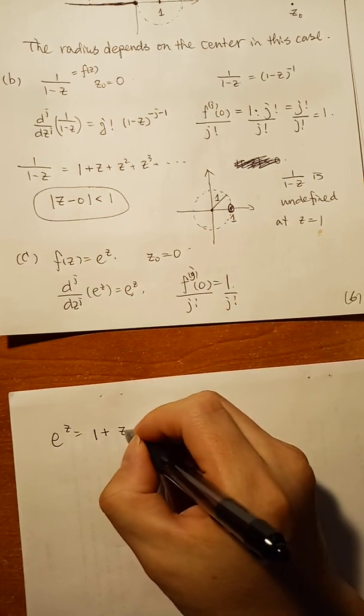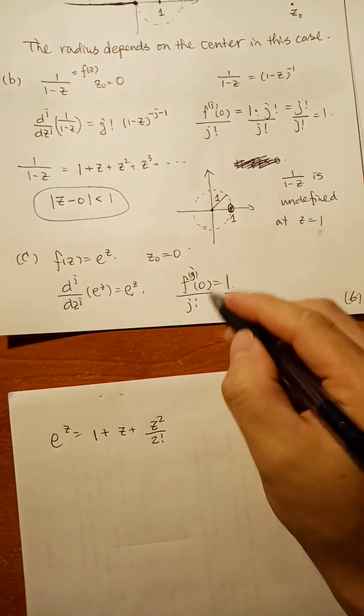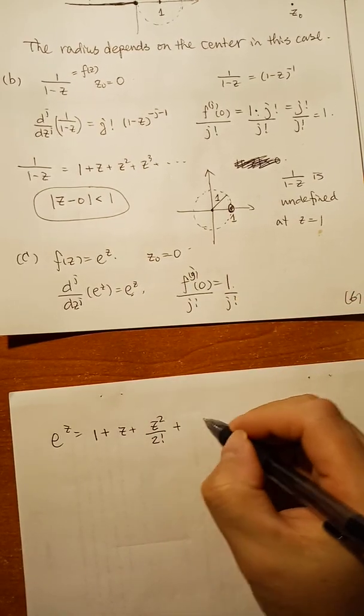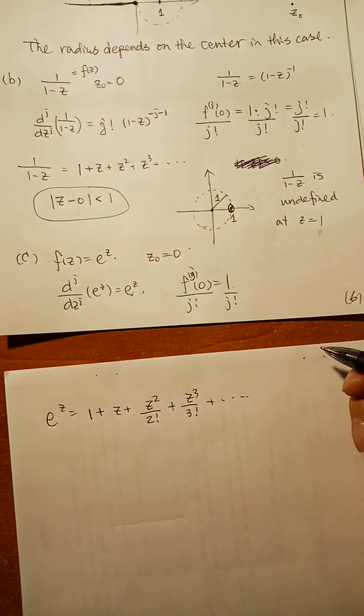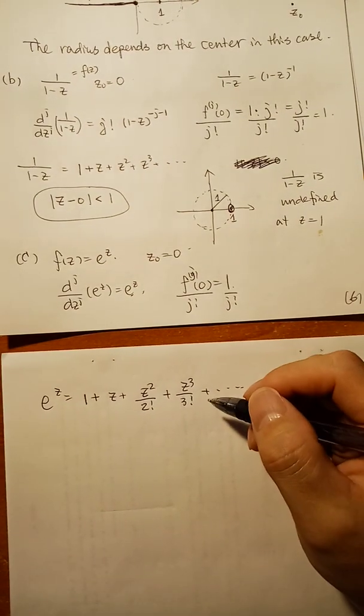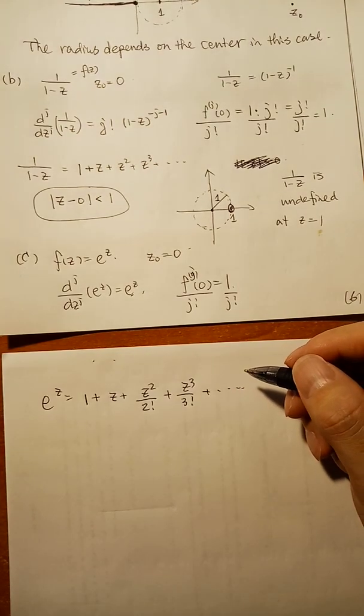So the Taylor series becomes: for the first term, 1; for the next, z; then z squared over 2 factorial, because the coefficient is 1 over j factorial, and z cubed over 3 factorial, and so on. And this function is differentiable everywhere. It's called an entire function.